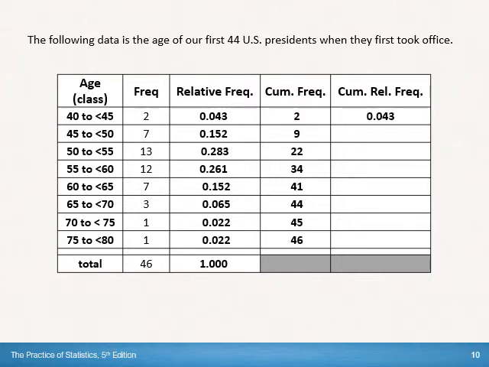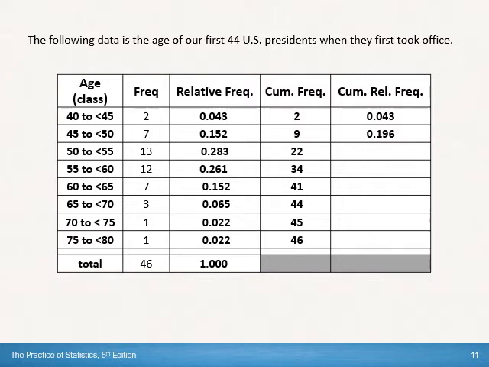So you can see here that, just like the cumulative frequency for the first class was the same as just that one class's relative frequency, 4.3% of the presidents were younger than 45. We can calculate the next one by simply adding the 4.3% with the 15.2% in the next class, giving us a total of 19.6%.